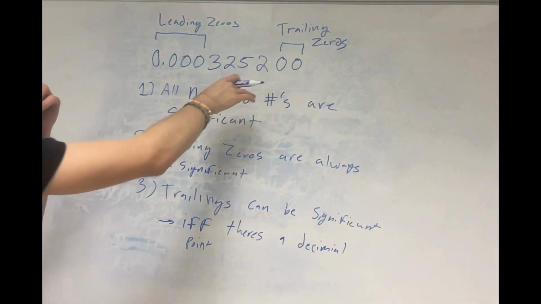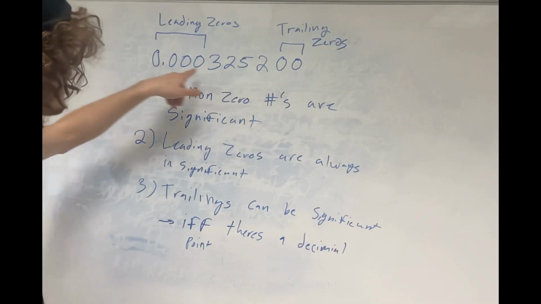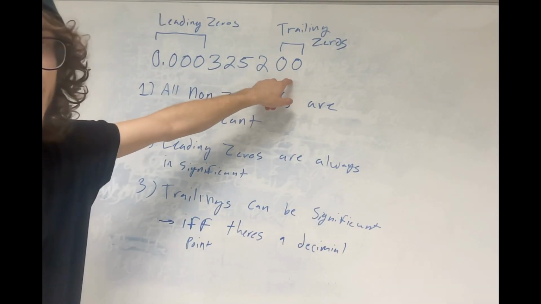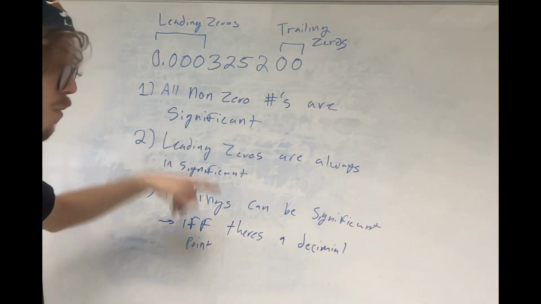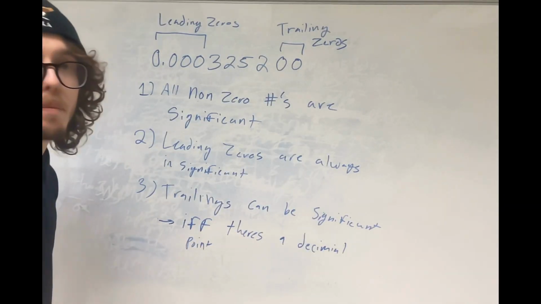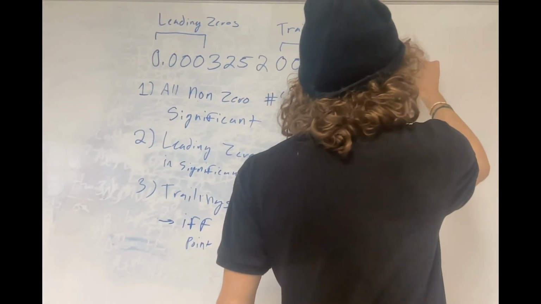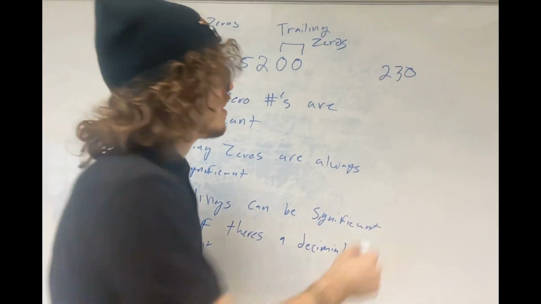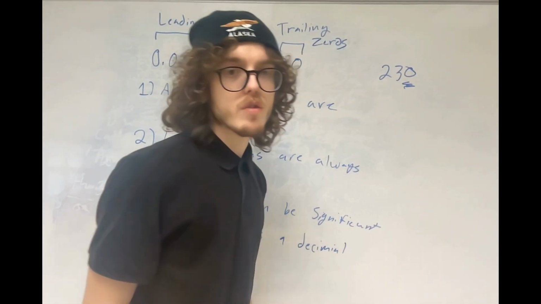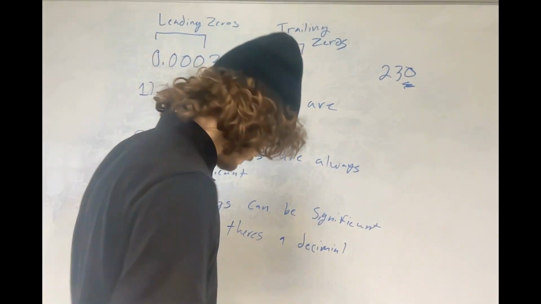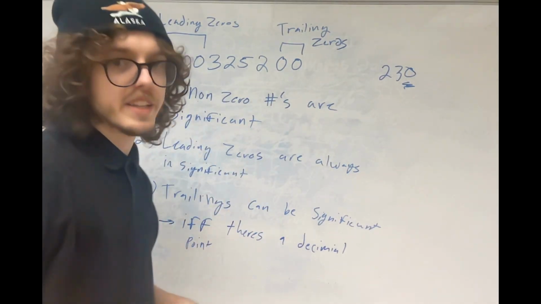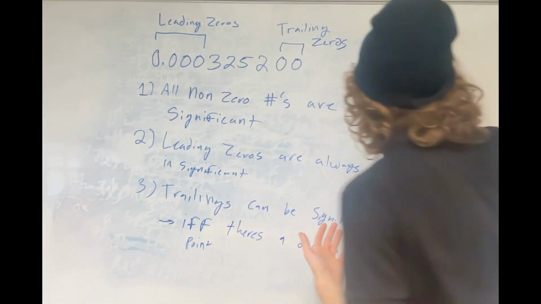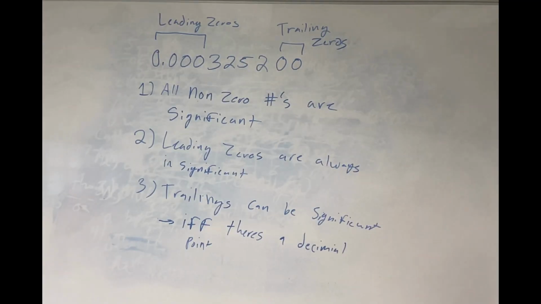In the case of this number, there are trailing zeros and there is a decimal point, so these are significant. Where you might see where this fails, for example, is if you had 230. This zero here, even though it's trailing, is not significant. So let's do some examples of this. I'll let you write the rules down quick, but then I'm going to go ahead and erase everything.